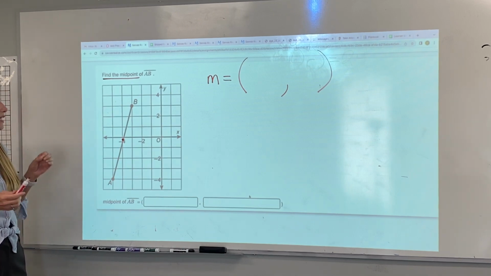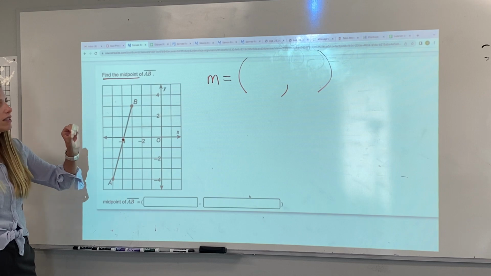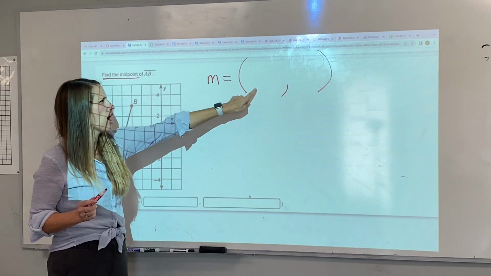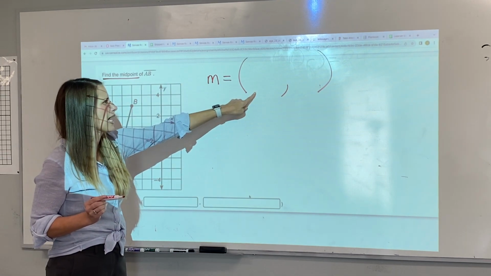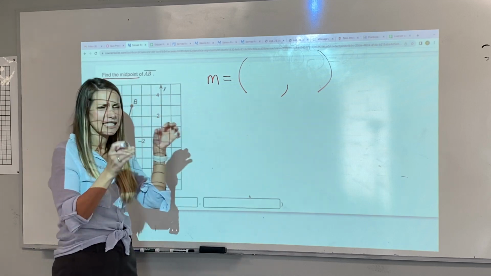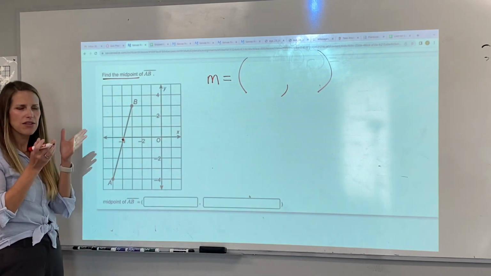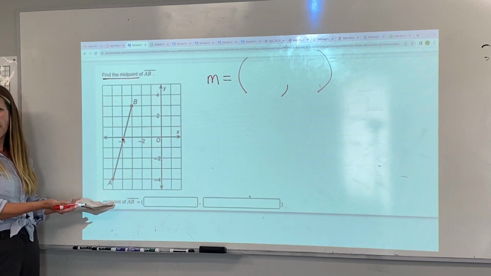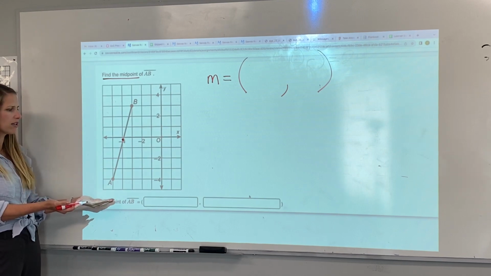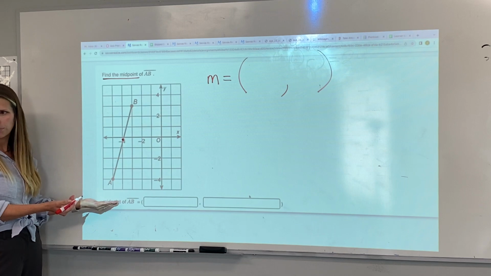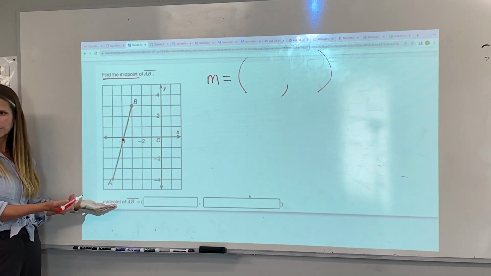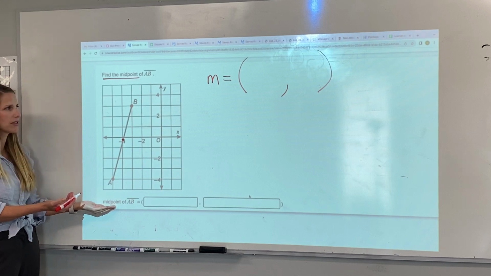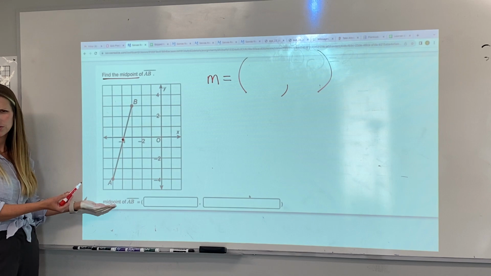So again, we need the average of the x values and the average of the y values. When I say x values and y values, the x values and y values of what? What points am I referring to?